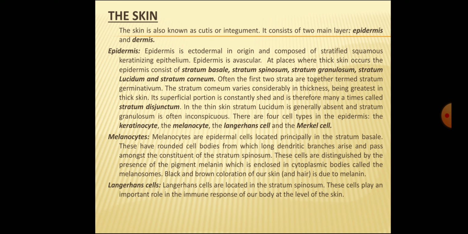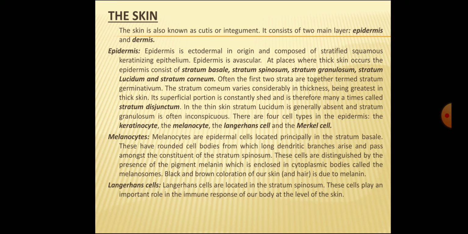The second type of cell present in the skin is melanocytes. These are epidermal cells located in the stratum basale. They have rounded cell bodies from which long dendritic branches arise and pass among the constituents of the stratum spinosum.